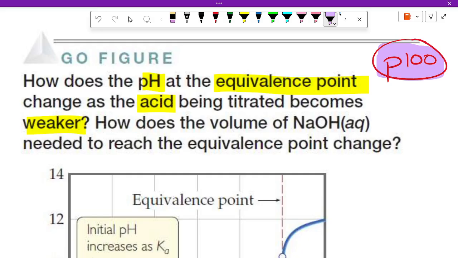So as the acid becomes weaker, pH at equivalence point gets? Higher? Higher, yes.